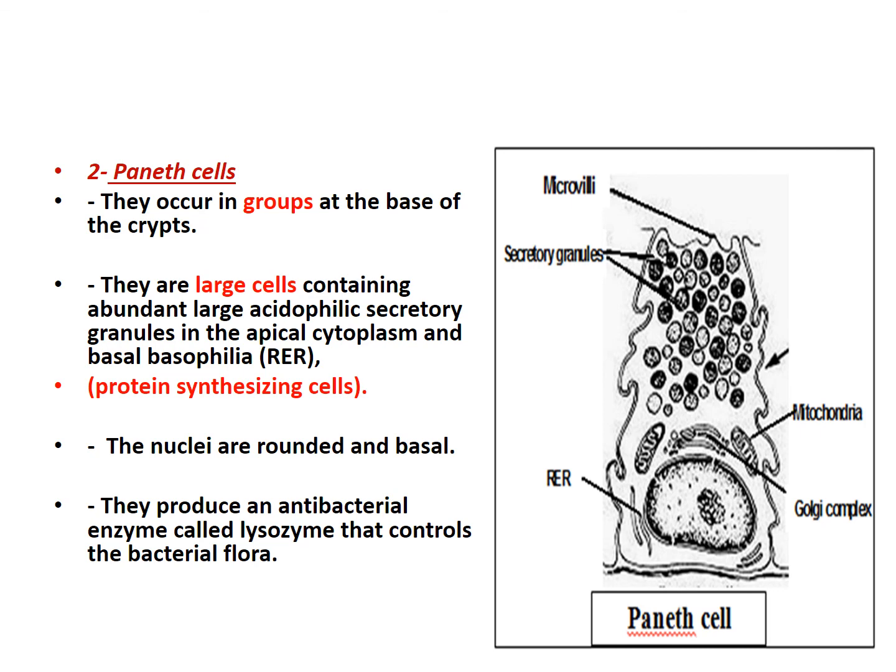So these cells have the characteristic of protein-synthesizing cells. Their nuclei are rounded and basal. The function of these cells: they produce an antibacterial enzyme called lysozyme that controls the bacterial flora.